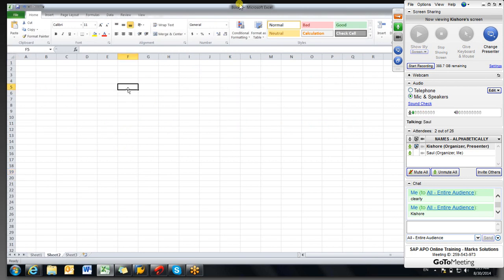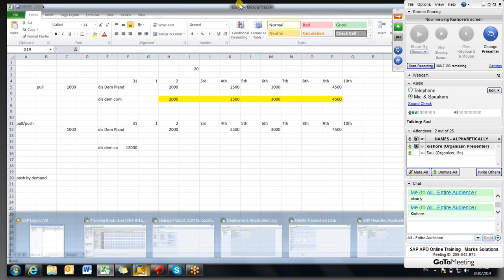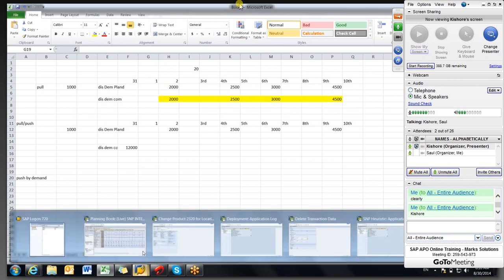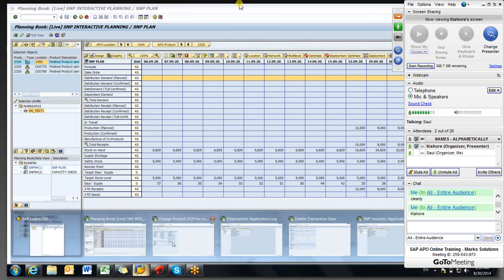Kishori, how do you like it if we take this topic for the next class? Okay, no problem. Can you switch the screen? Switch to the other screen, for the product master.